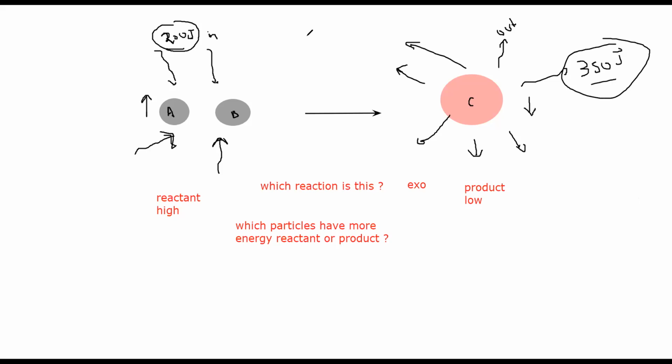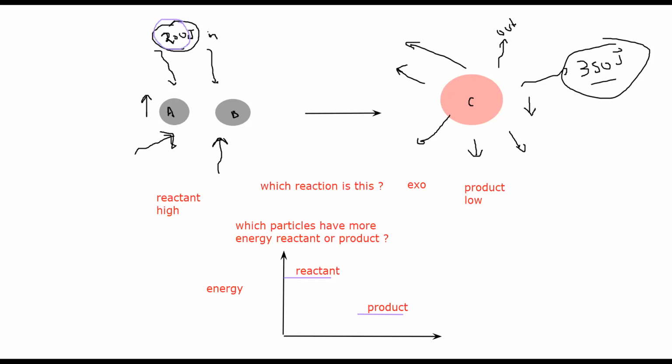So if we sketch an energy diagram for this reaction, the energy diagram for exothermic reactions, the reactant will have high energy and the product will have low energy. Why do reactants have more energy? Because reactants are taking the energy.